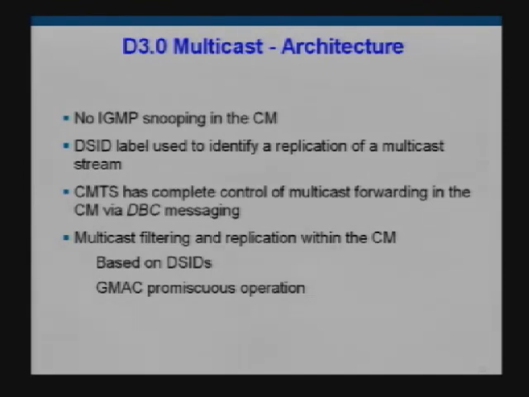Based upon that, the CMTS sends a dynamic bonding change message with a DCIP corresponding to that multicast group's packets, and it also informs the cable modem about the MAC address of the listener or the receiver. So the cable modem knows that once it receives those packets with the DCIP defined for the multicast, it will forward them into the appropriate interfaces so that the multicast receiver will receive the packets.